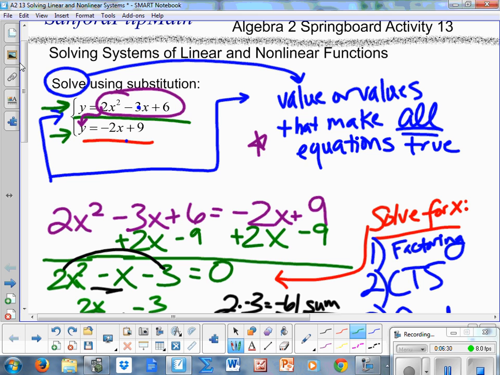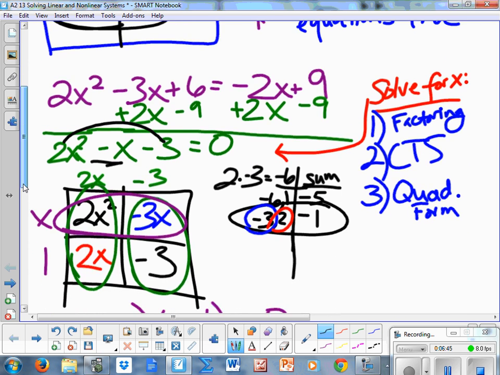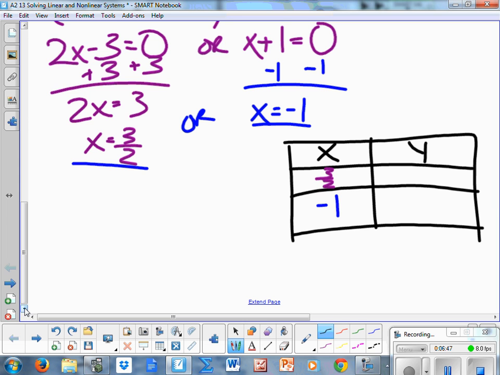I'm going to choose to plug my x into this one here, just because it's linear. I only have one x to worry about instead of 2. I don't have to deal with an x squared or any other sign errors there. So I'm going to use my y equals -2x plus 9.